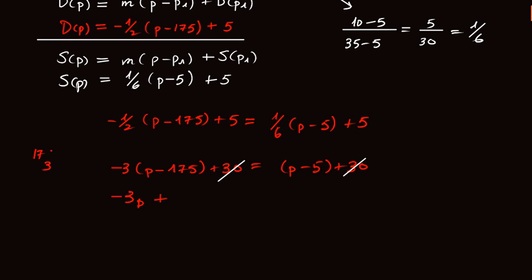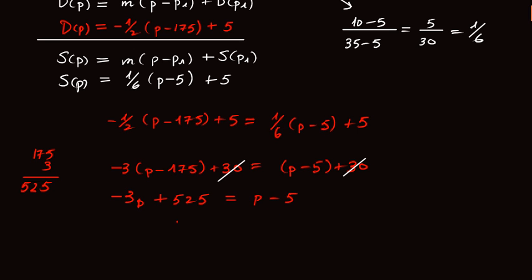So 3 times 175 is going to be equal to 525. So I should get 525 here is equal to p minus 5.